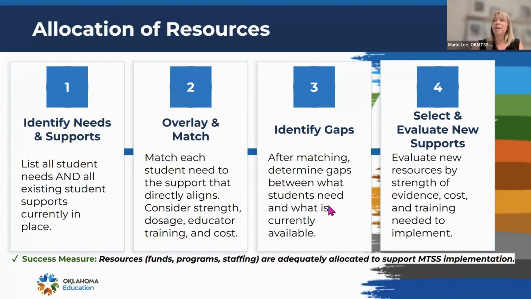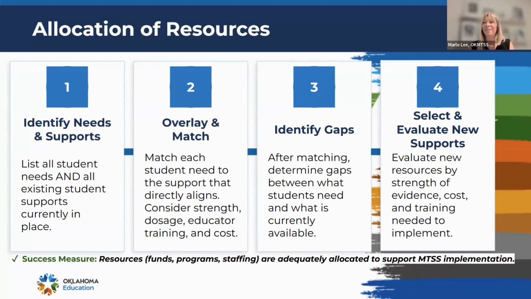And speaking of that, number 3 is identifying the gaps. So after you match, determine gaps between what students need and what is currently available. And so this is all part of what the leadership team does. And then you select and evaluate new support. So evaluate new resources by strength of evidence. We want to make sure everything that we're using is evidence-based.